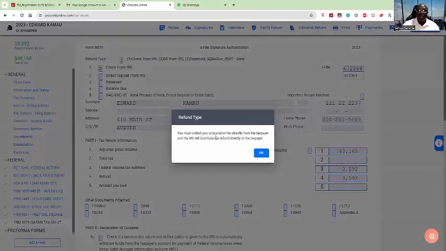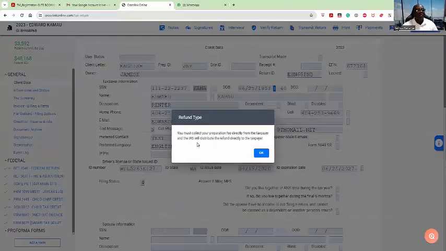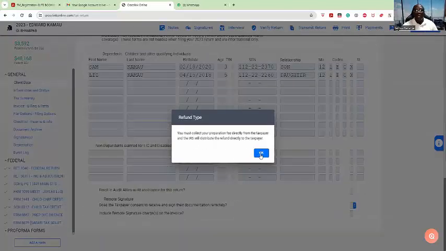You must collect your preparation fee directly from the taxpayer. So you're being warned before you let them sign, get that fee from them. So now call them, tell them, hey, this is how much you're getting. I need to send it to you. So can you send me this amount of money?